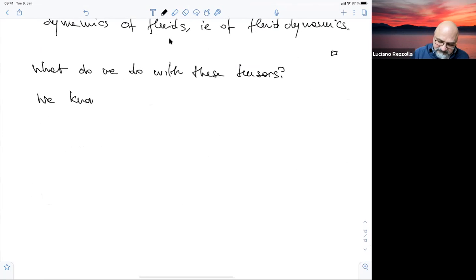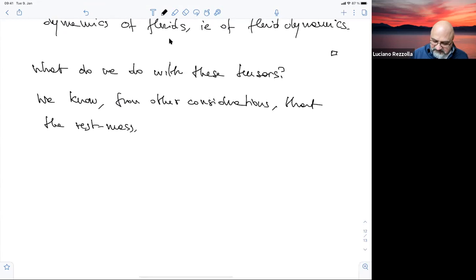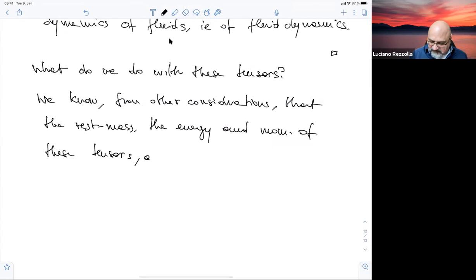We know from other considerations that the rest mass, let's start from there, the energy and momentum of these tensors are conserved.